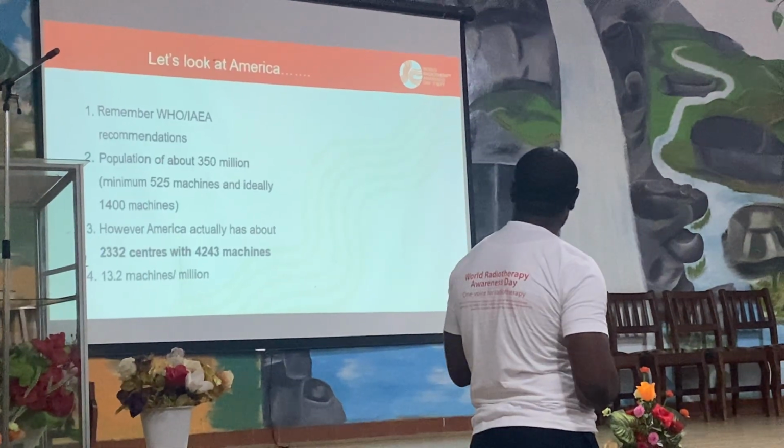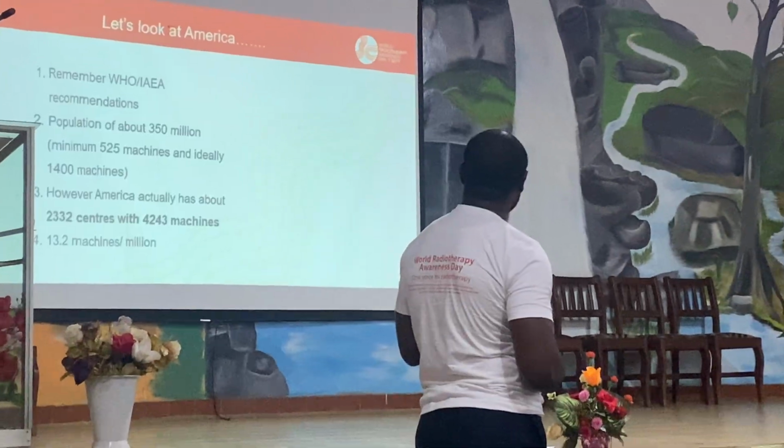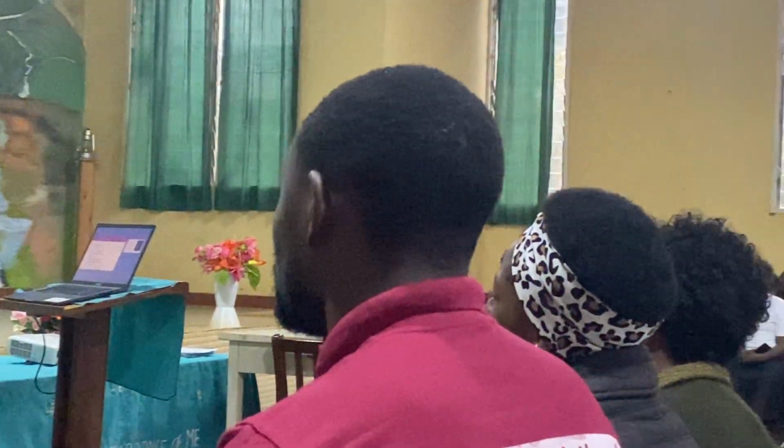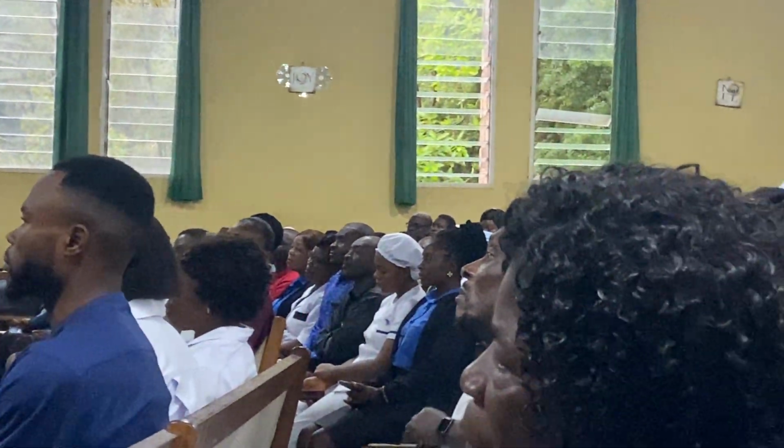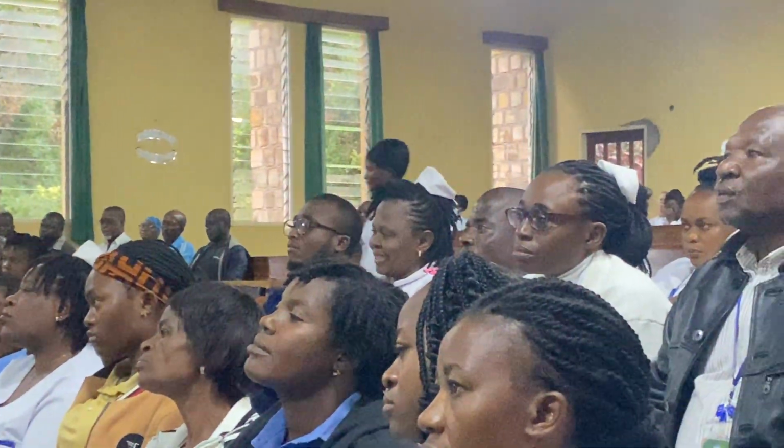Actually, America has over 2,000 radiotherapy centers and more than 4,000 radiotherapy machines, giving them an average of 13 machines per million. So they far exceed the WHO requirement. And that's why they even have radiotherapy access for their pets and animals.